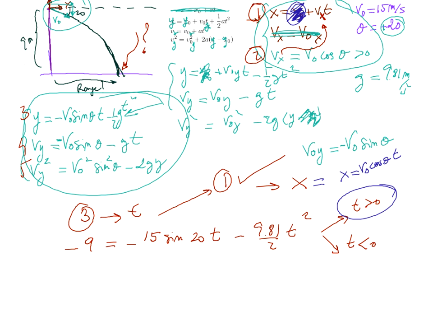So I'm going to plug this t right here, and then substitute v naught by 15, cosine theta with cosine 20, and then substitute the positive value of t into the equation to obtain a value for x, which obviously is positive, because this point is on the right side of my y-axis, therefore positive.